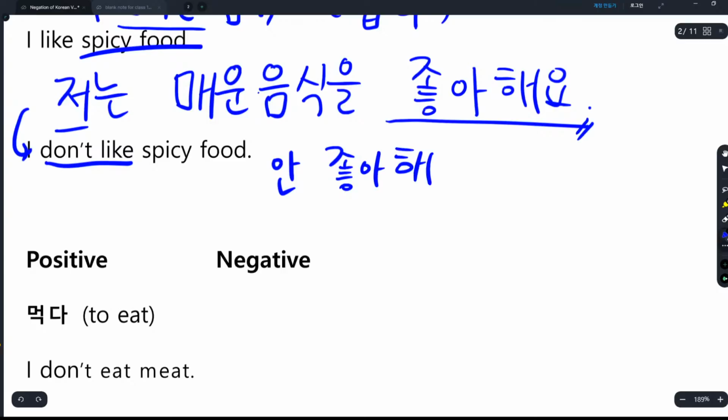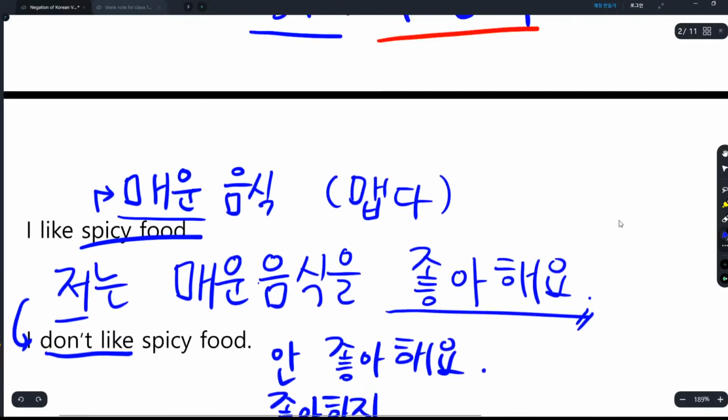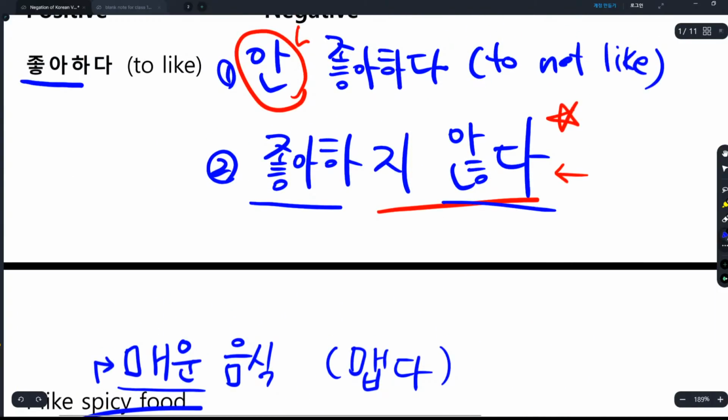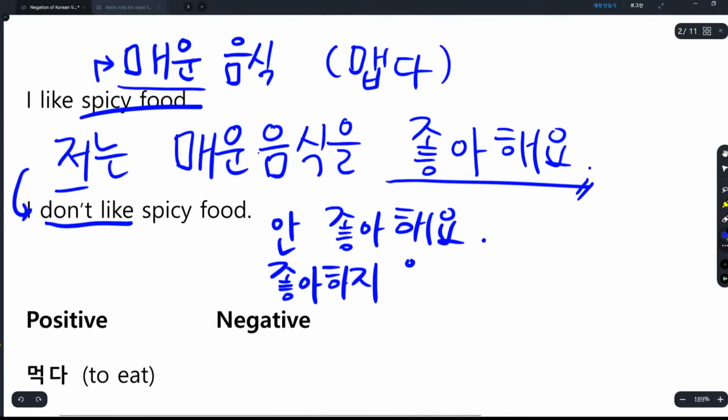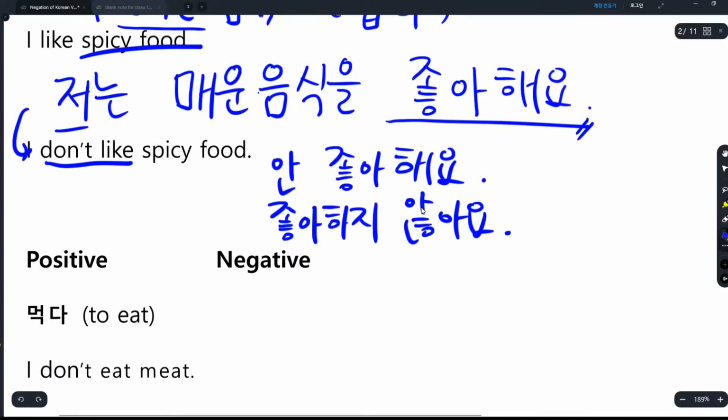Yes, you guys are getting it. Or 좋아하 plus 지, and we have to conjugate 않다 in present tense, in which case it would be 좋아하지 않아요. So that's pretty simple, right? You guys are getting it.